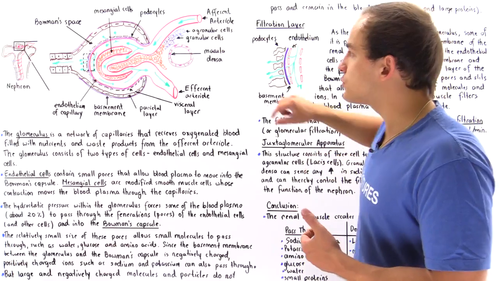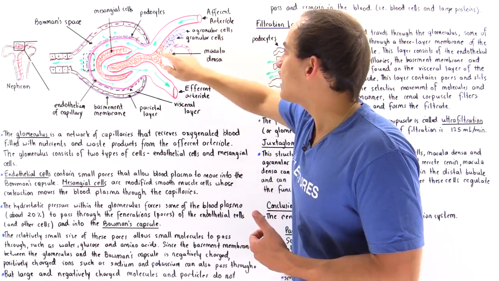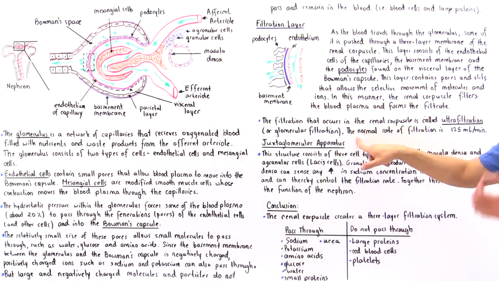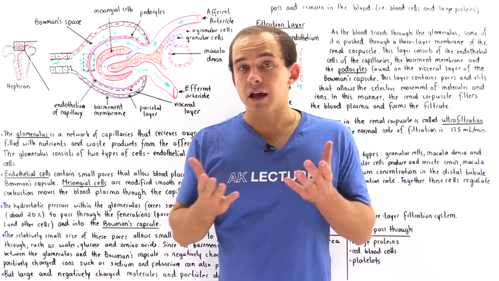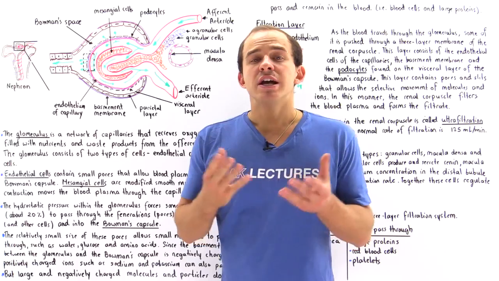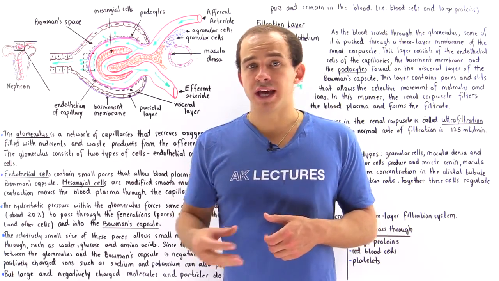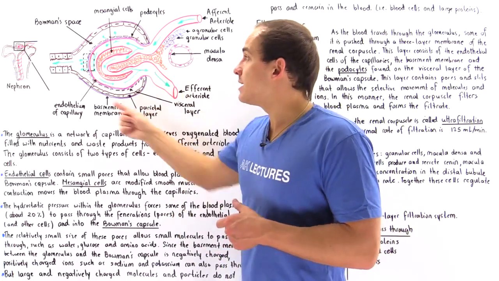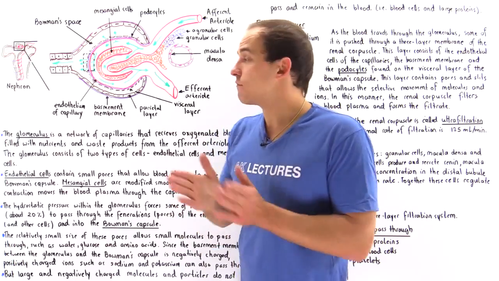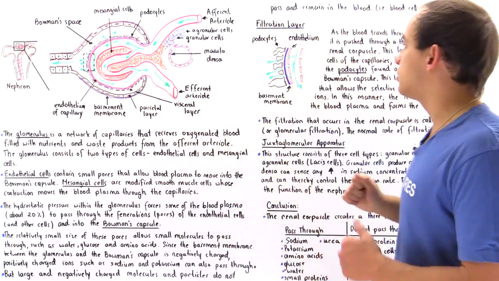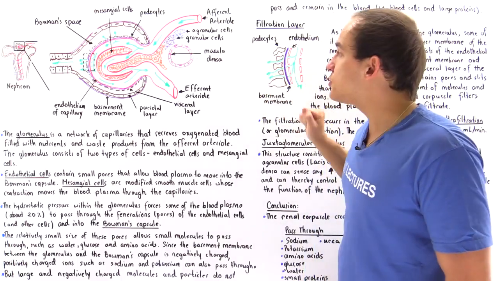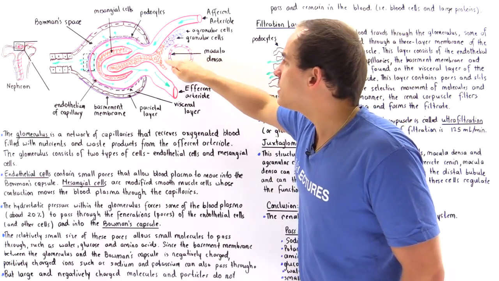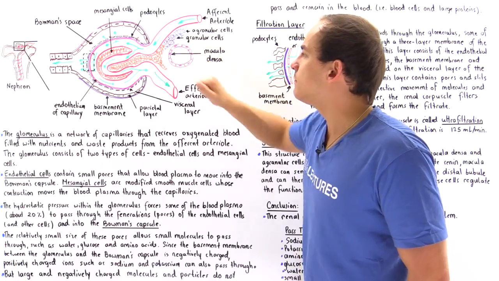So we also have this section known as the juxtaglomerular apparatus, and this is nothing more than a collection of three types of cells that are involved in controlling and regulating the process of filtration and movement of the blood plasma through our renal corpuscle. So we have the macula densa, which are the cells found on this side of the distal convoluted tubule.